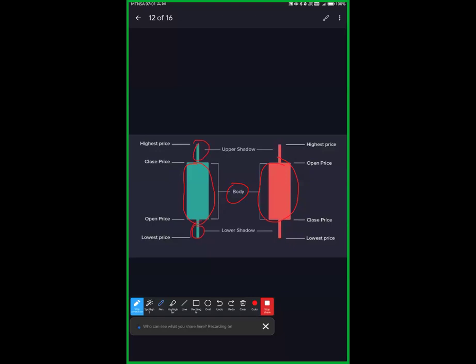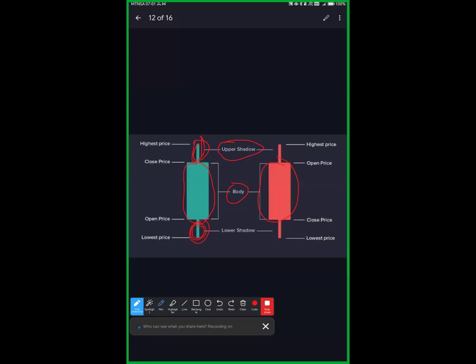If it happens that it is above, it is called an upper shadow, to differentiate between the two. When the thin line is above, it is an upper one. If it is below, it is a lower shadow.